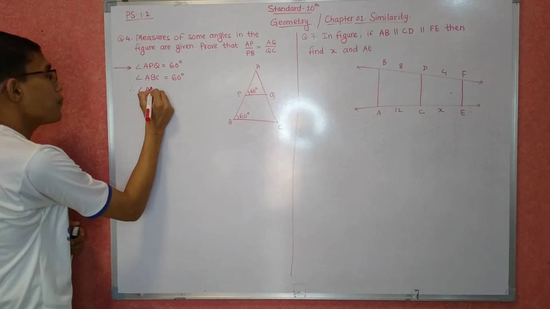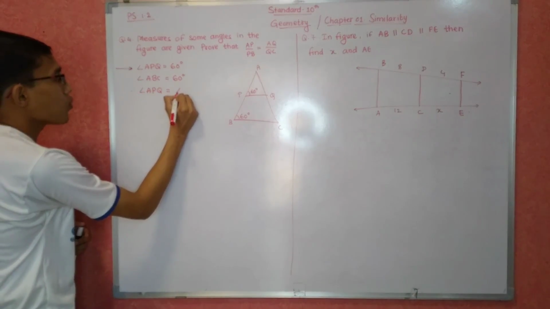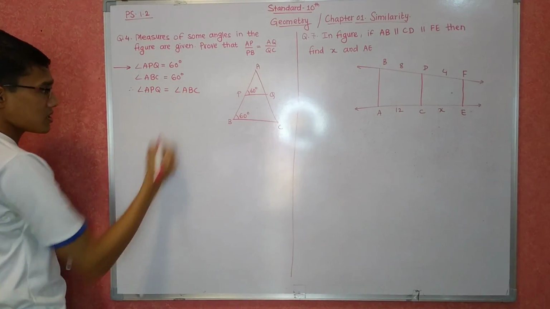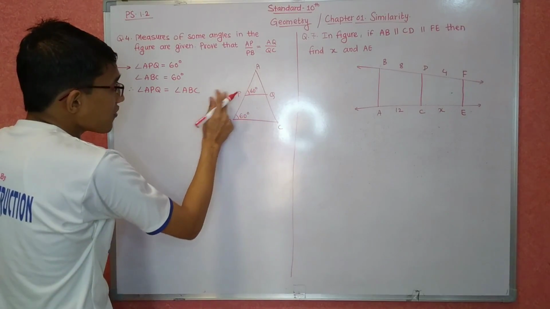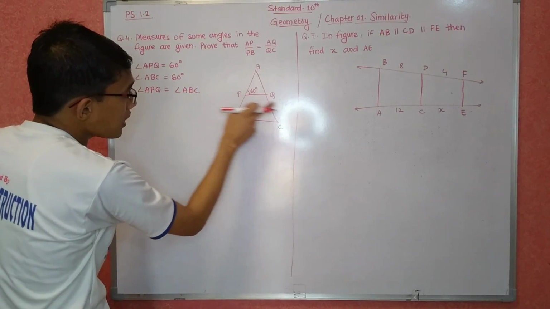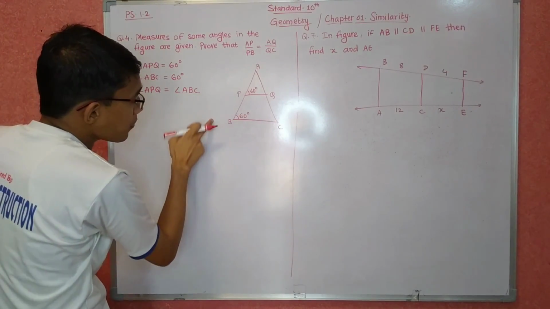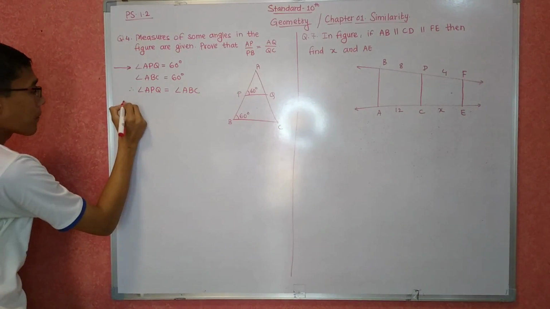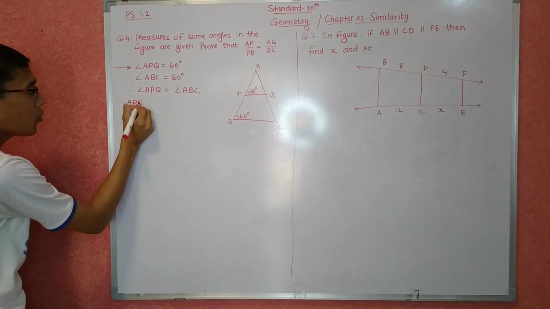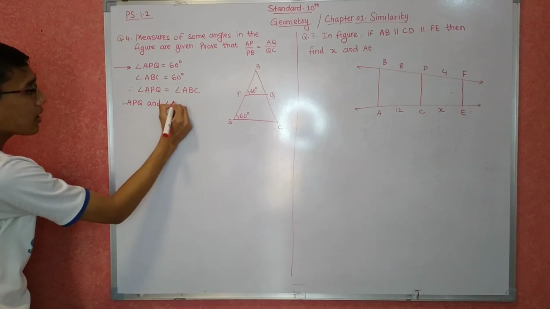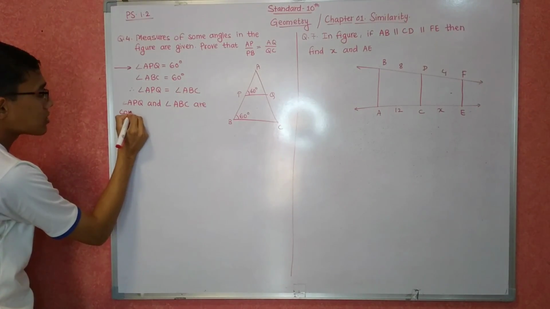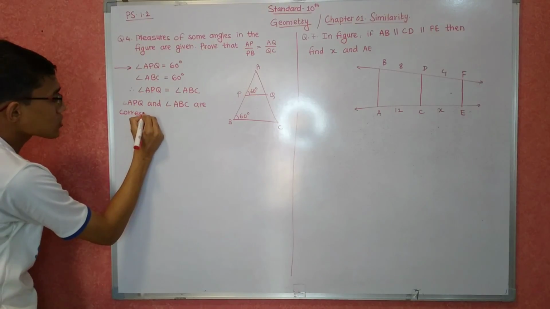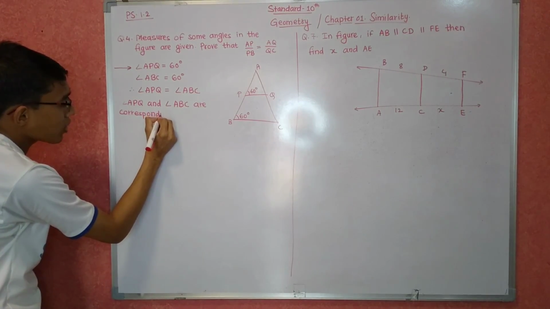So angle APQ is equal to angle ABC. Now in this figure we can see that angle APQ and angle ABC are corresponding angles. What type of angles those are? Those are the corresponding angles.